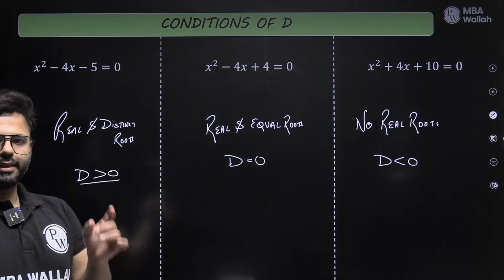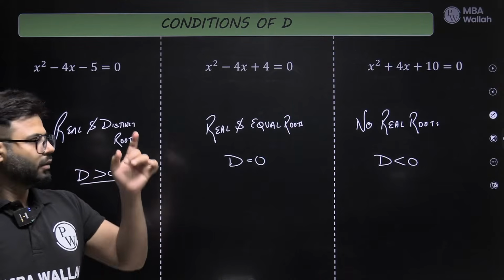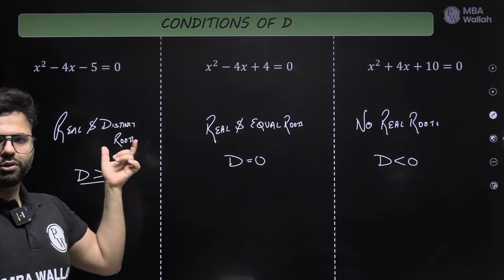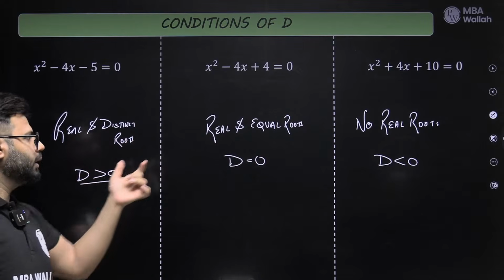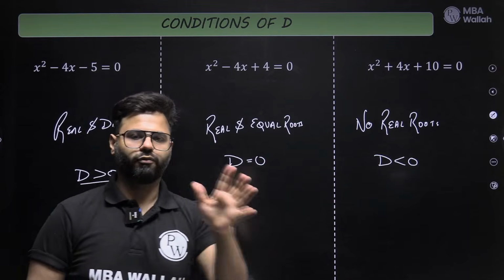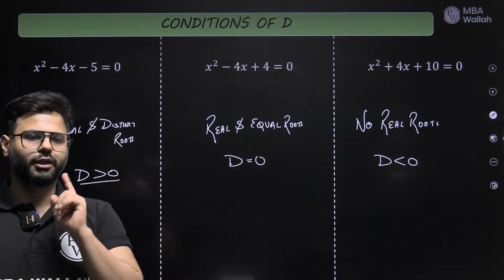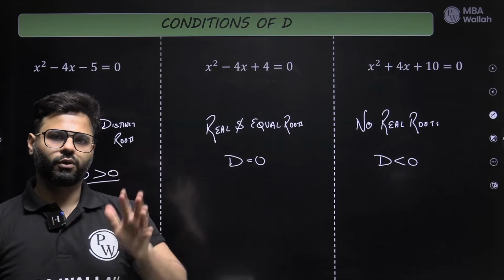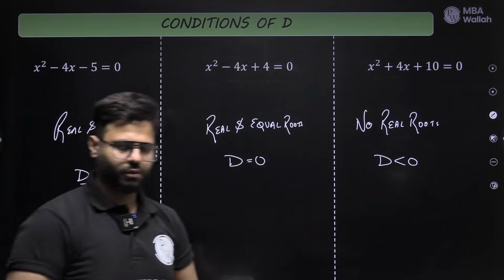So now the idea is that the lines real and equal roots, no real roots, real and distinct roots are basically a mathematical equation or a mathematical inequality for us. Now my question to you is, if the question says the quadratic equation has real roots, what will be the equation you will form?